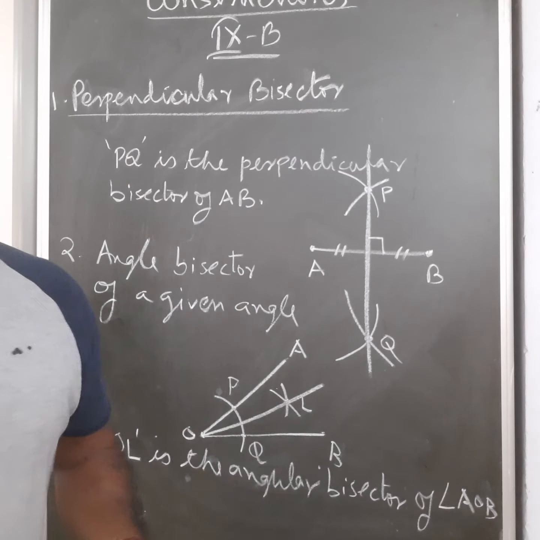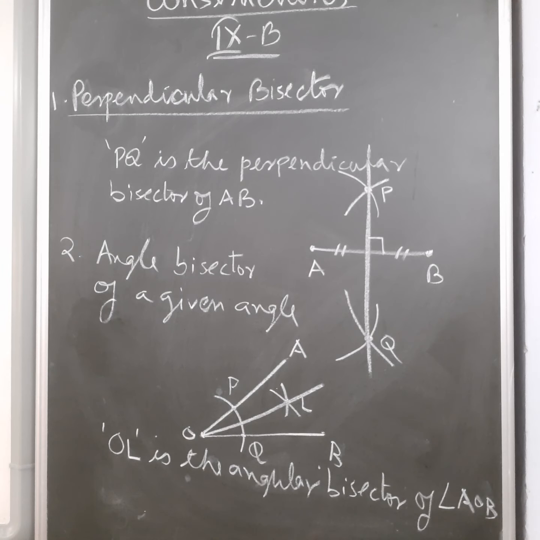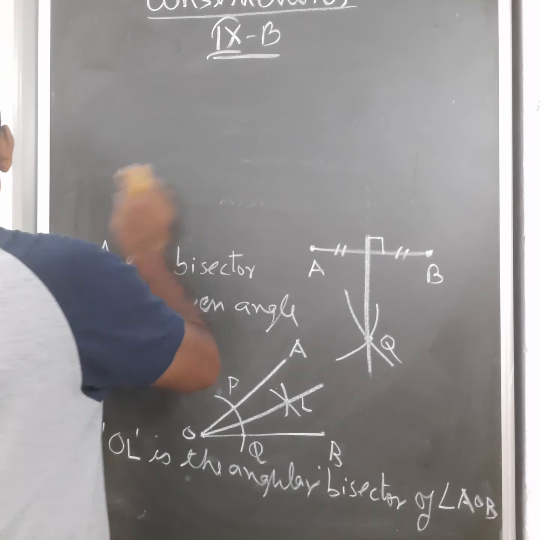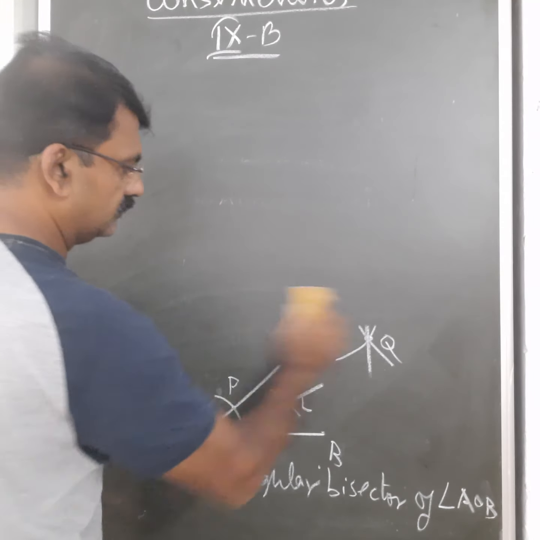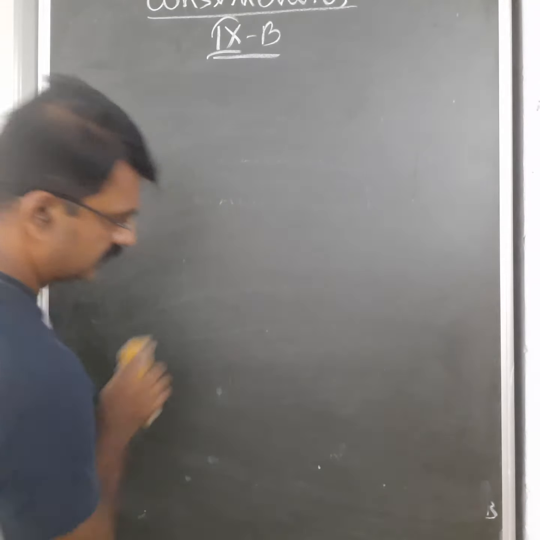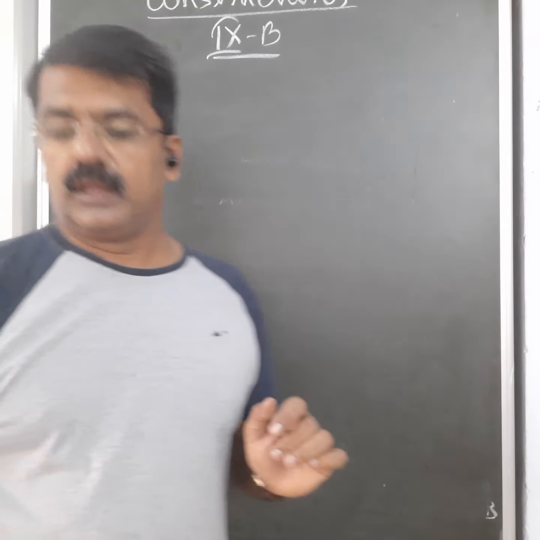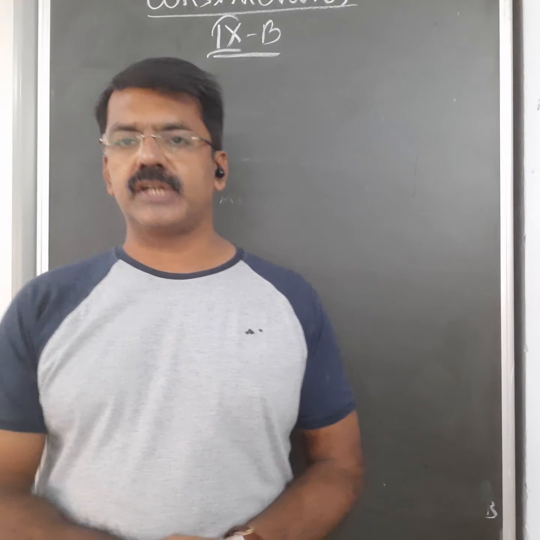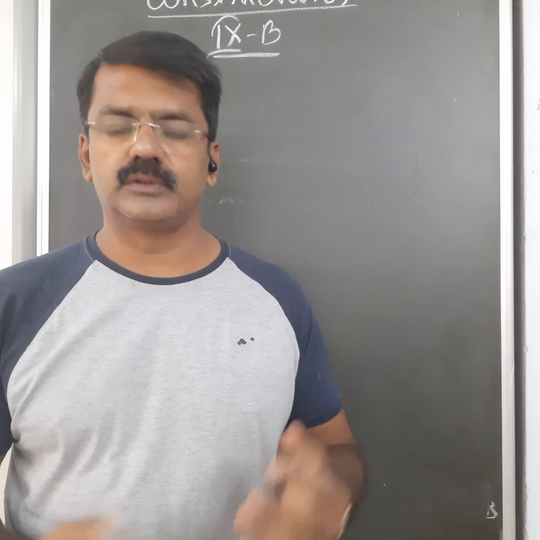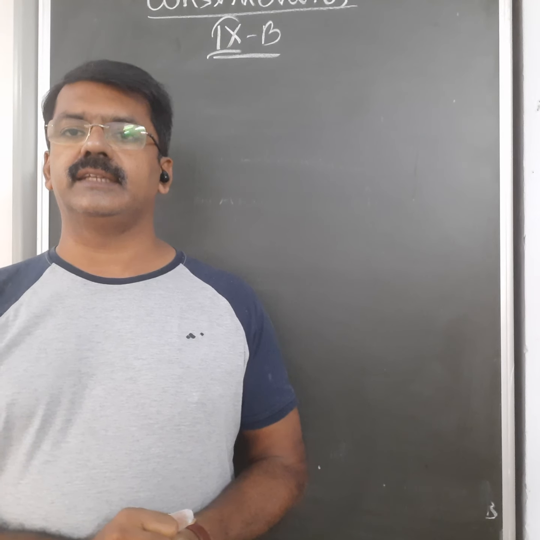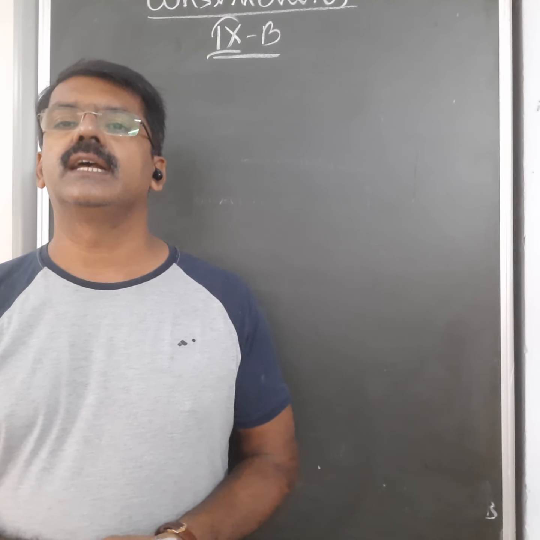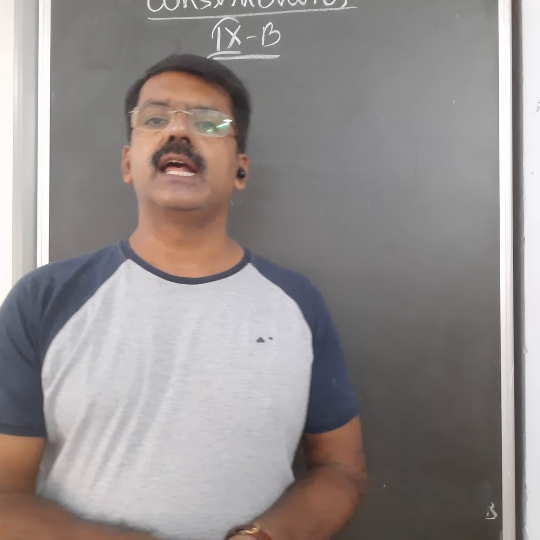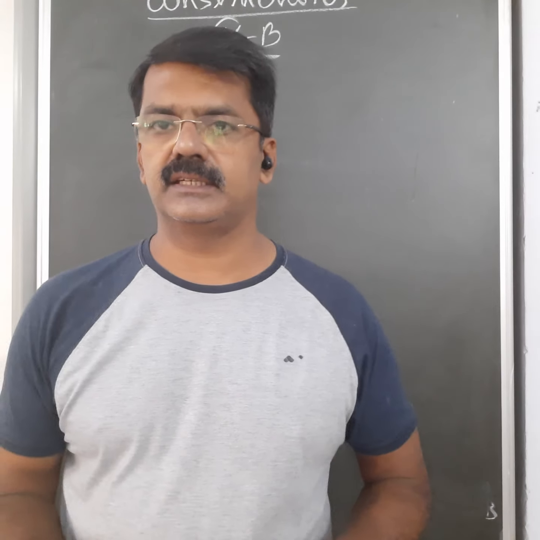So in the next class, I will tell you how to construct these angles, that is 90 degree, 45 degree, 60 and 30 or 15 degrees, that I will tell you in the next class.